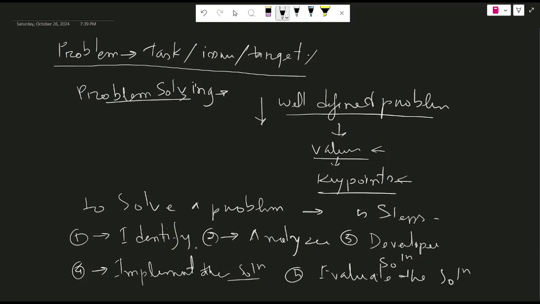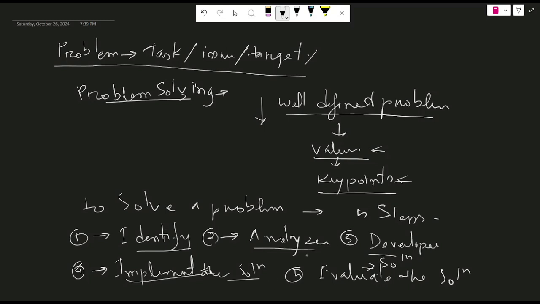So these are the 5 main steps to solve a problem. First, identify the problem. Second, analyze the problem. Third, develop the solution. Fourth, implement the solution. Lastly, evaluate the solution.